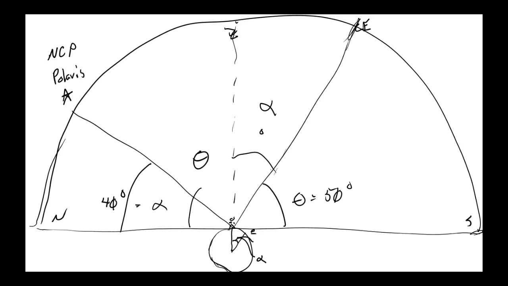It is directly overhead. Celestial equator, east to west, directly overhead. Okay? Because the sum of the two have to be 90. Everybody got that one?